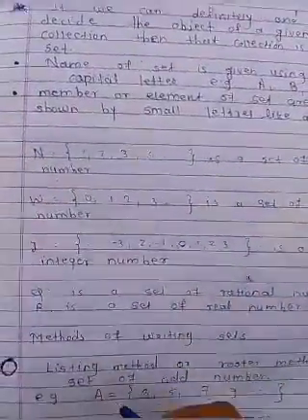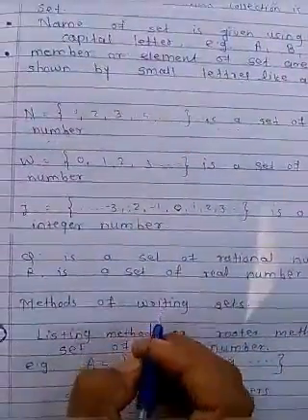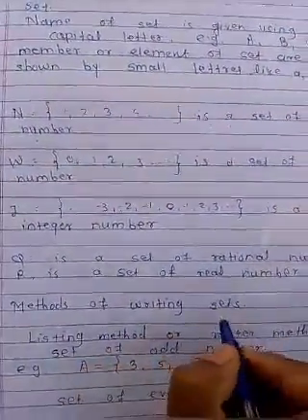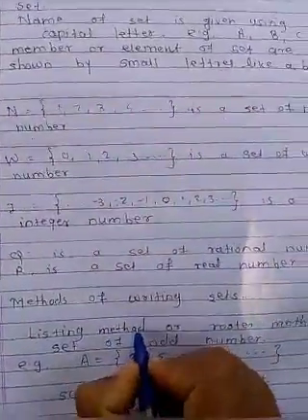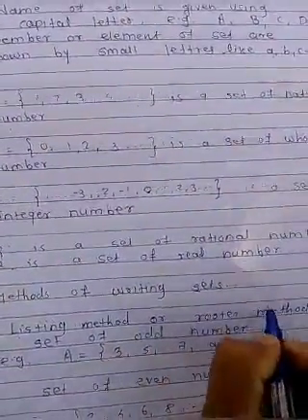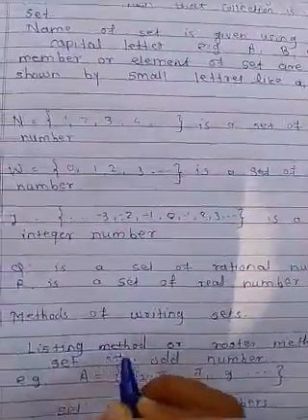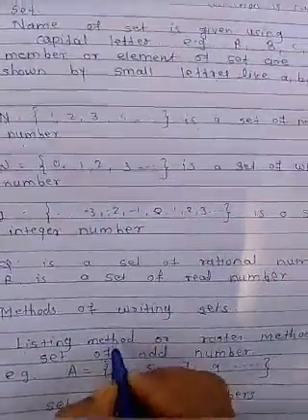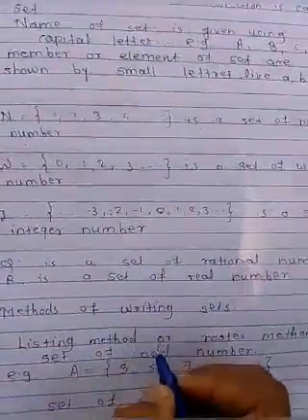Now we have to see the methods of writing sets. How to write sets and which are the methods of writing sets. First method is the listing method or roster method. Listing method means in this method we write the data in the set as a list.